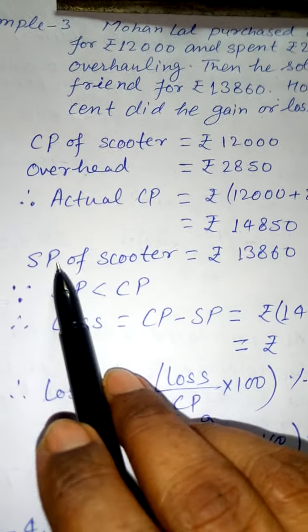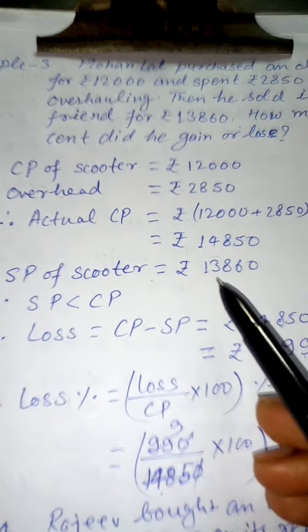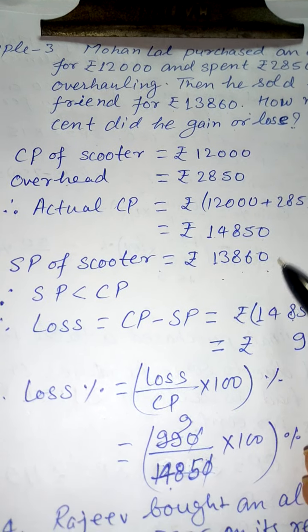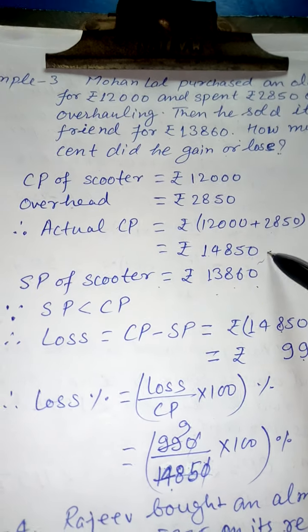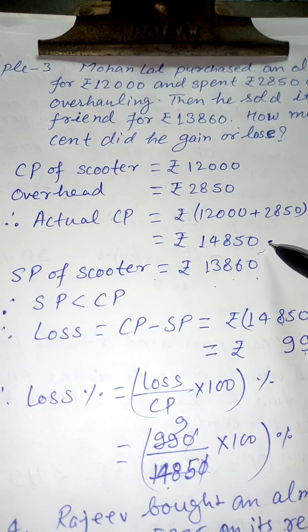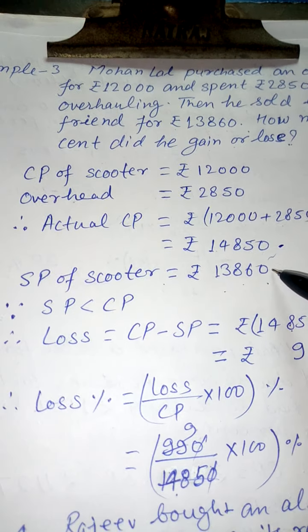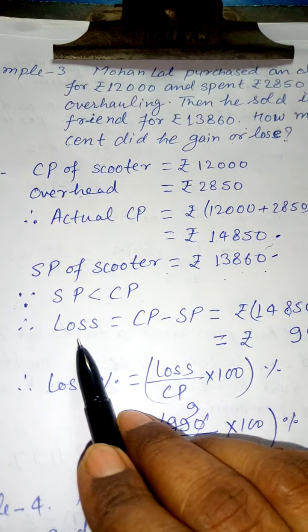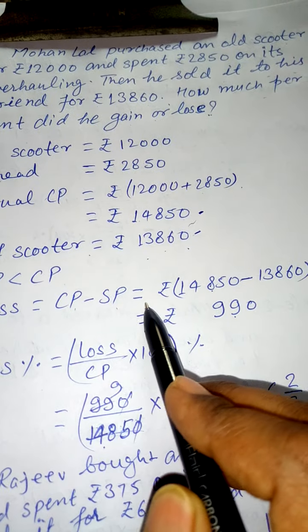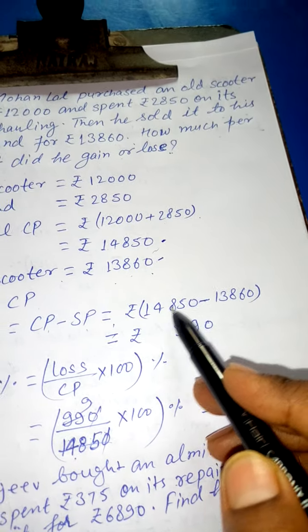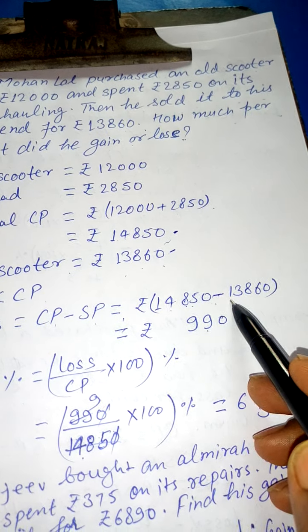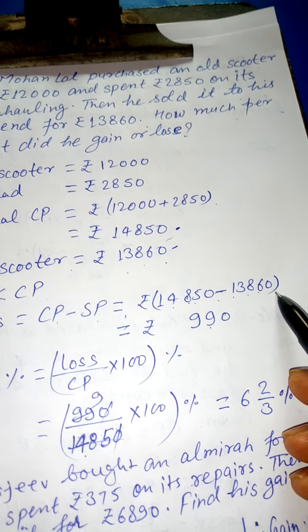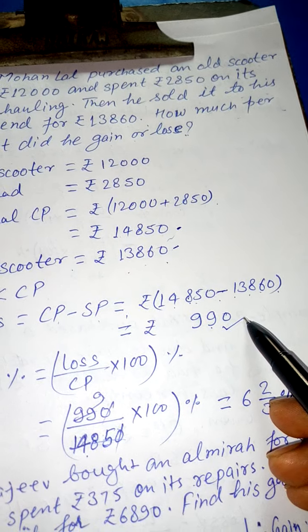And now selling price of scooter is 13,860, and here we can see that this total actual cost price is greater than the selling price. Therefore there is loss, CP minus SP, which equals 14,850 minus 13,860, which gives us 990 rupees.